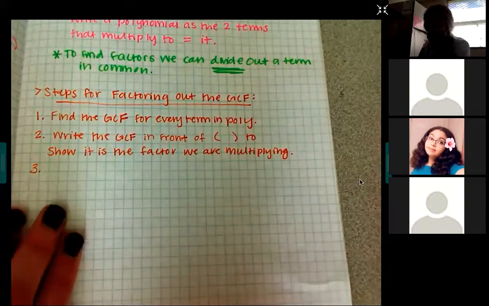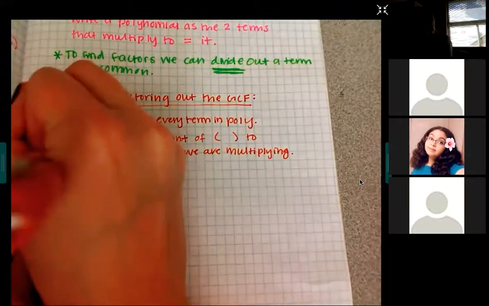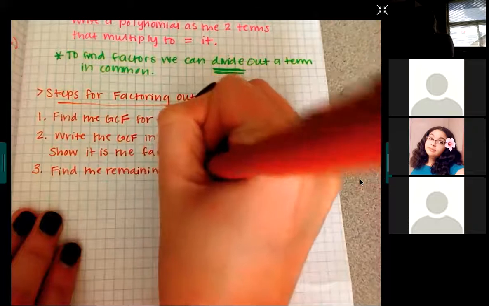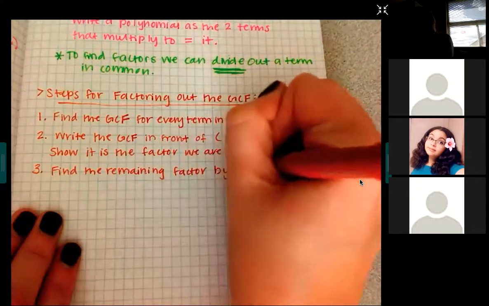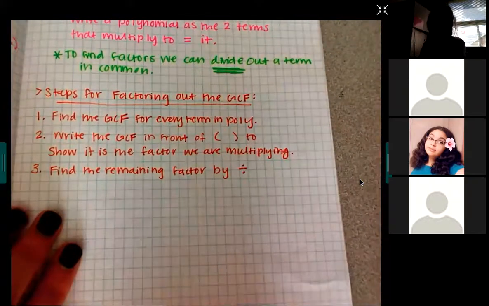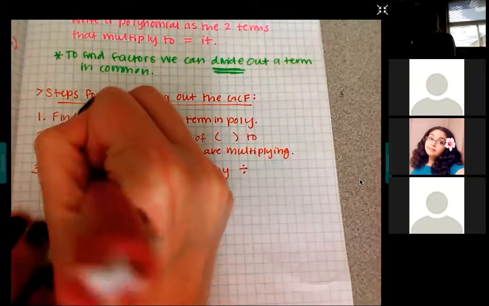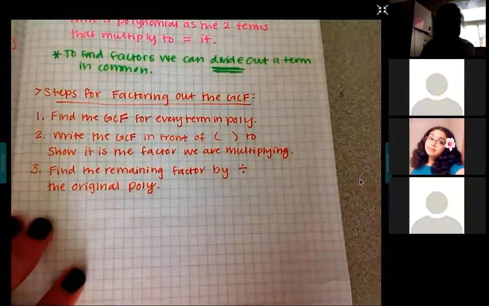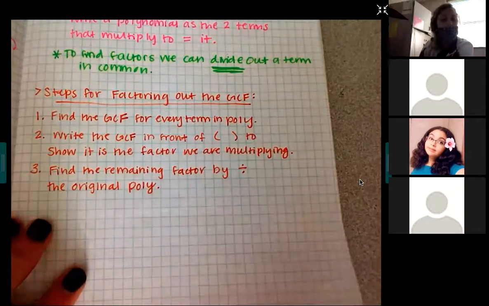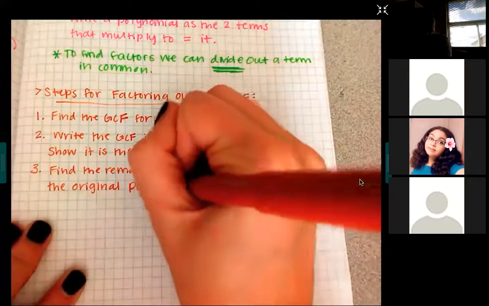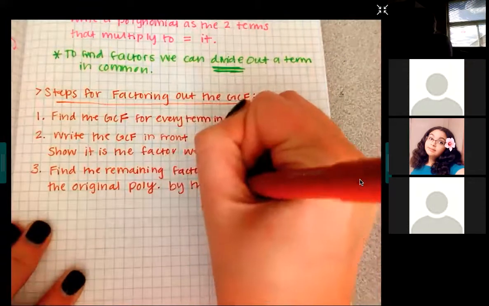So your third step is to find the remaining factor by dividing the original poly. Poly is just short for what? Thank you, polynomial. Good, I'm just abbreviating for y'all. Find the remaining factor by dividing the original polynomial by the GCF.